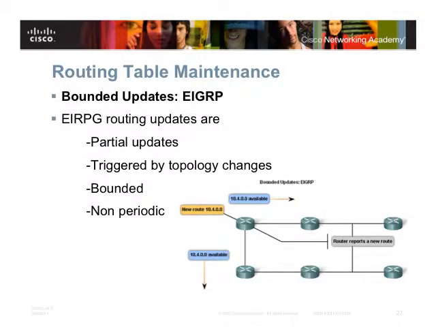So that's the second difference. The third difference is bounded. What does it mean? It means that I only need to inform the people that are affected by it. Only the ones that are affected by this change.